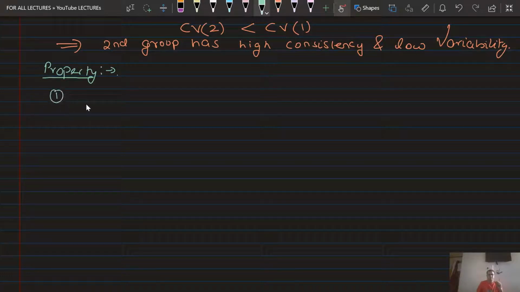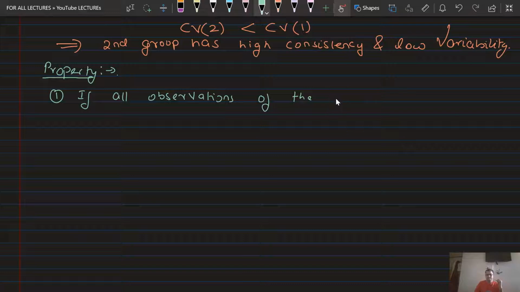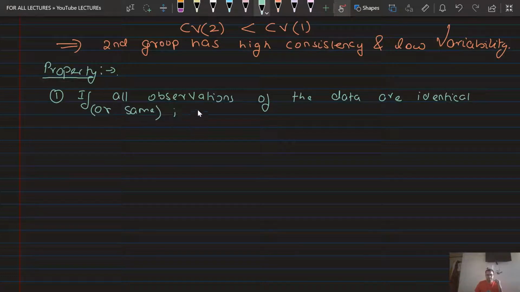See, we say that if all observations of the data are identical or same, then standard deviation is always equal to 0.